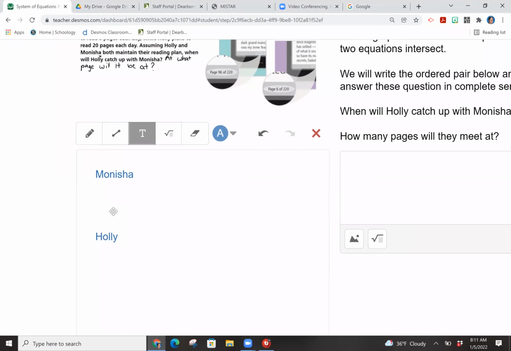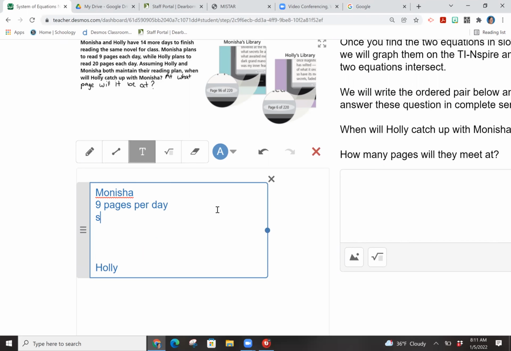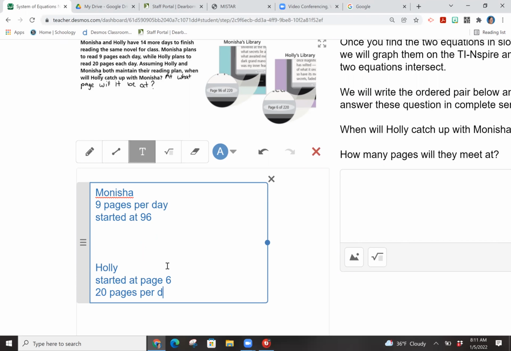How many pages per day is she doing? Yep. So 9 pages per day. And what page did she start at? And then what about Holly? So started at page 6. And she's doing 20 pages per day.